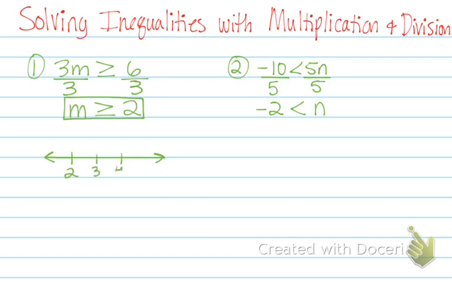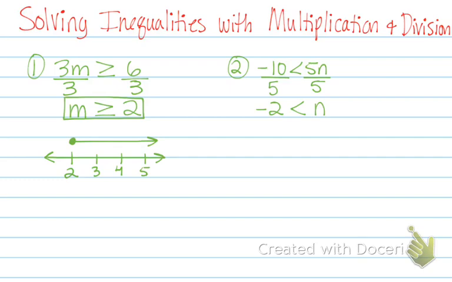Well, numbers greater than 2 go to the right. Because it's a greater than or equal to, we have a closed circle. 2 is part of our line, and it's going to go to the right because we're talking about values that are bigger than or equal to 2.